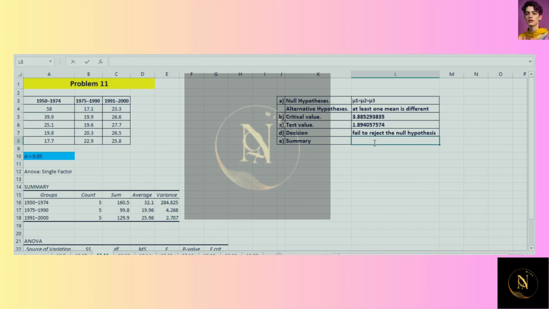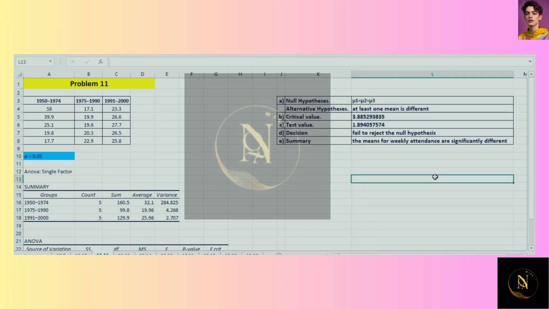So as a summary, the means for weekly attendance are not significantly different from one time period to the other.